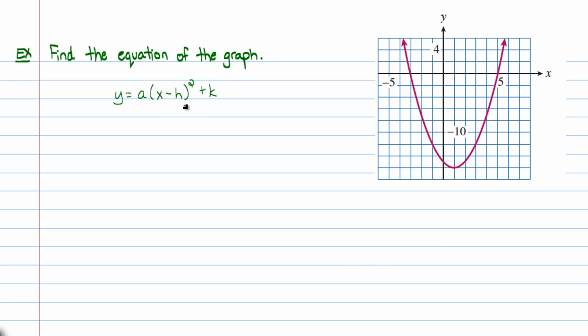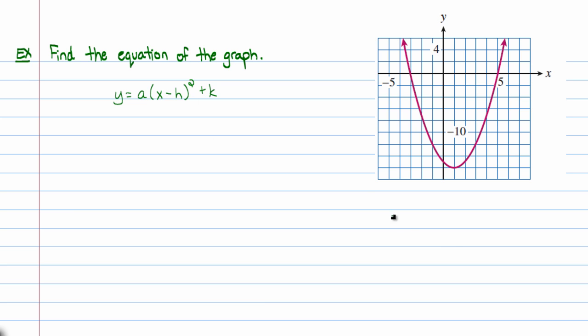One way is to just use the vertex form of a parabola and a point. So just like a line, when you want to find the equation of a line, you need a slope and a point. In this case, you'll need a point being the vertex and another point that's not the vertex.